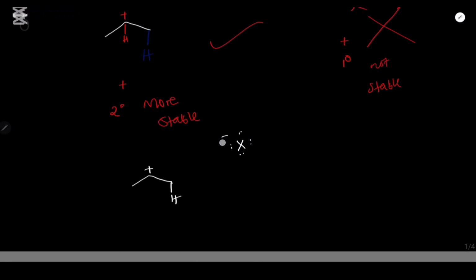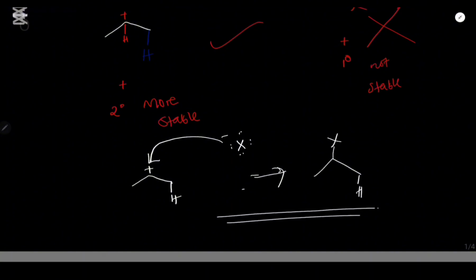So this will just attack the positive charge, giving us a product which is X, and this is our answer. So it has followed Markovnikov's rule. This one is anti-Markovnikov. This is Markovnikov. So this is the answer.